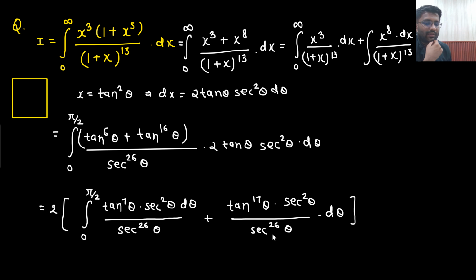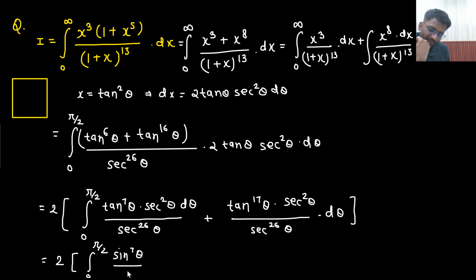So this will become sec to the power 24. This will also become sec to the power 24, right? So 1 by sec to the power 24 will become cos to the power 24. So let's see how we can break it down. 0 to pi by 2, this will become sin to the power 7 theta divided by cos to the power 7 theta. This will become sec to the power 24 theta.